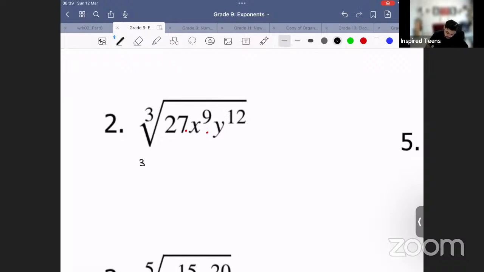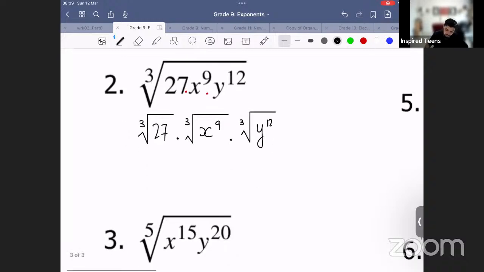So this would become the cube root of 27 times the cube root of x to the 9 times the cube root of y to the 12. Thereafter I can simplify. The cube root of 27 becomes 3.